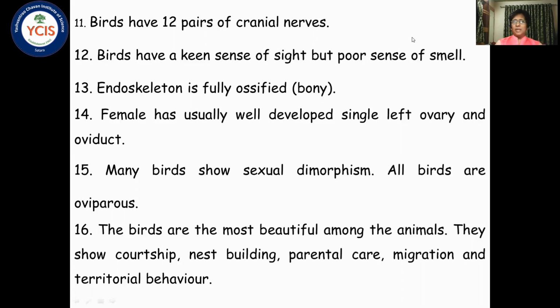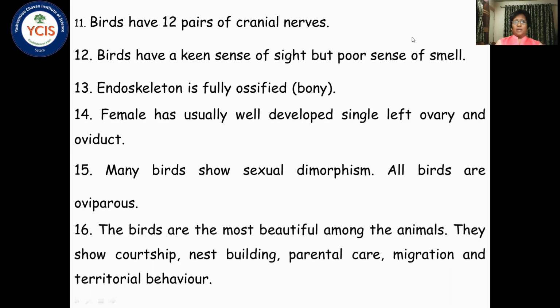Monocondylic means there is a single rounded occipital condyle at the base of the skull, which is articulated with the first vertebra. The sternum has a median keel for the attachment of the flight muscles, and the sternum is a bone located at the central part of the chest.